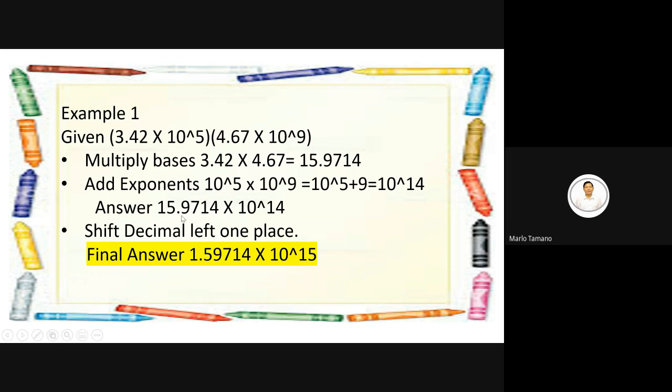Now, yung 15.9714 times 10 to the 14, now i-express na natin sa scientific notation. So, shift decimal left one place. So, your final answer is 1.59714 times 10 to the 15. Madali lang, di ba? Opo, sir. Madali lang.